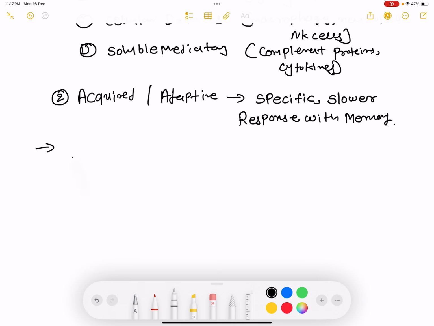It develops after exposure to pathogens, that is, not from birth. Innate immunity is from birth.